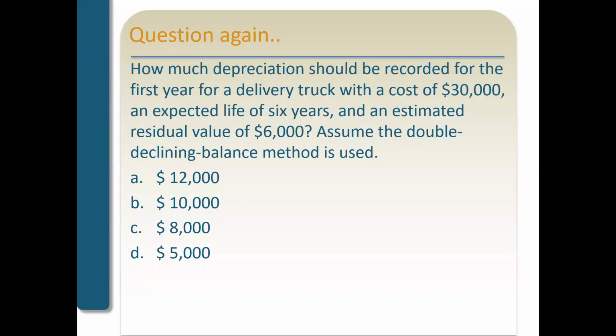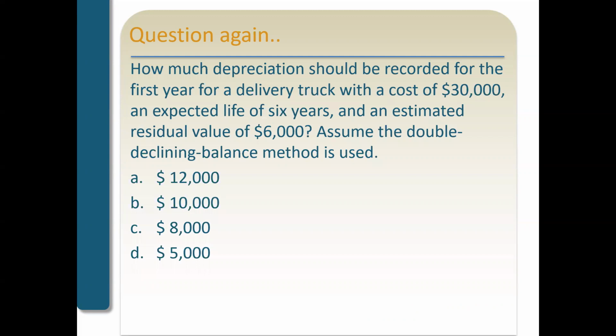How much depreciation should be recorded for the first year of a delivery truck with a cost of $30,000, an expected life of 6 years, and an estimated residual value of 6, assuming double declining balance? We know 6 years is 0.1667.